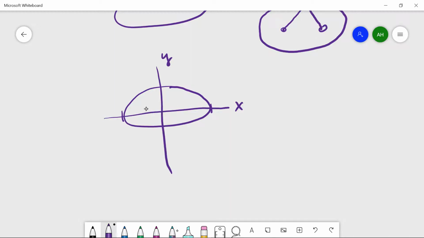We'll say this is 4 here and this is 4 here, so my total length is going to be 8. We'll say this measures out to 3 and this measures out to 3, so my total width is going to be 6. We call these different lengths the major length and the minor length. This down here is my major, and this over here is my minor.